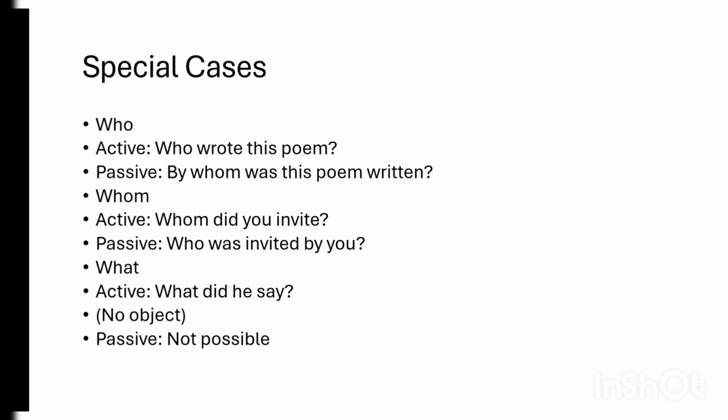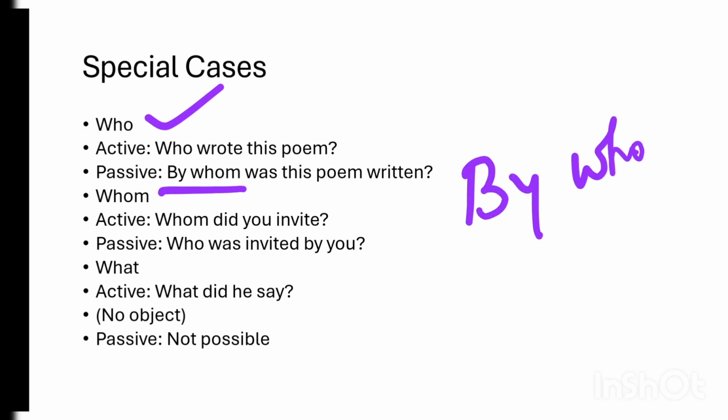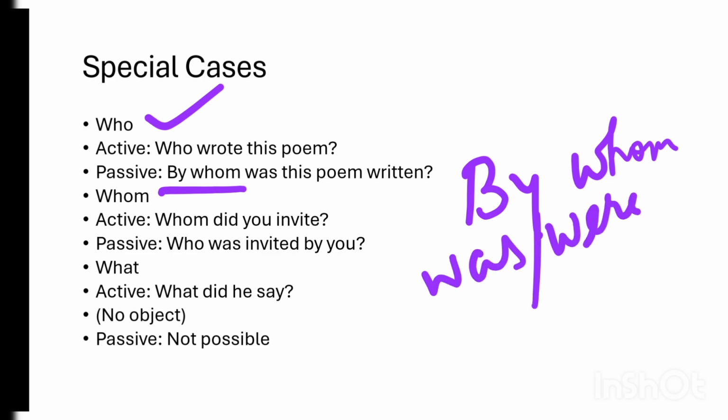Now some special cases are there. If your question starts with who, your answer will start with by whom. By whom, then the auxiliary verb was or were, or it can be is or are also, depending on the tense and the object, then this poem written.